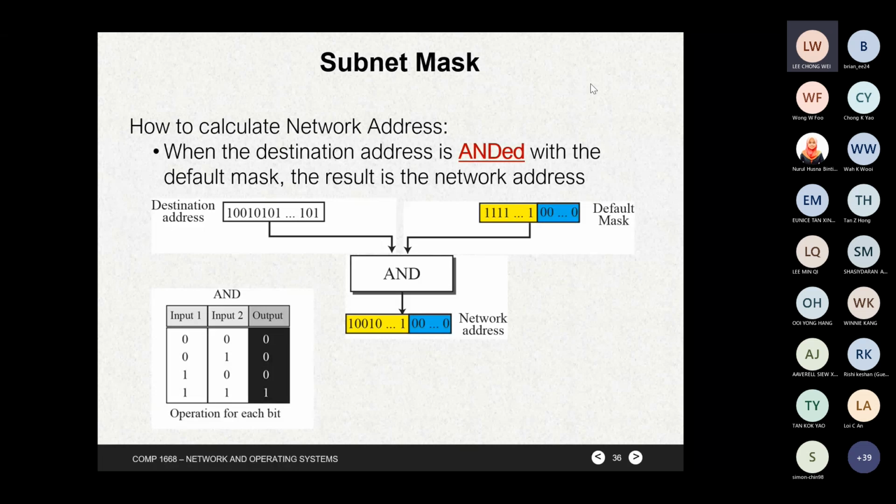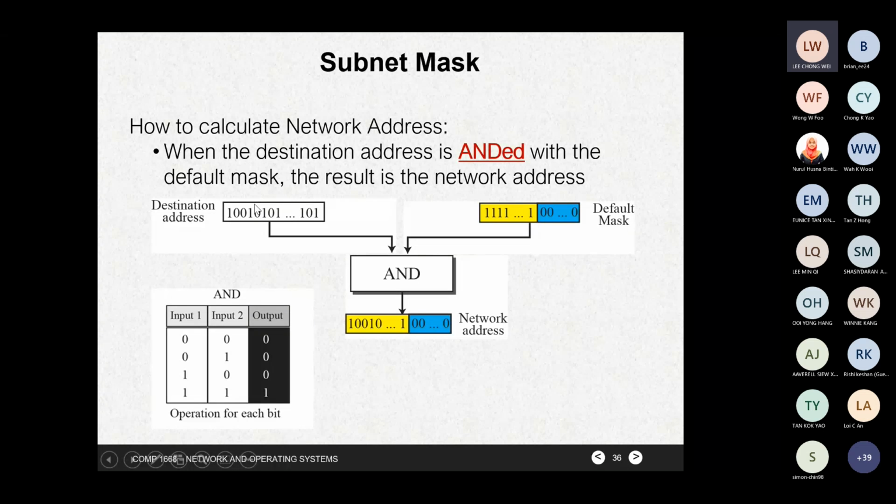There is some logic involved here in the subnet mask calculation. Like I told you, it will take 5 days for you to fully understand how the subnet mask works. For example, this is an AND operation. They will take the destination address and the default subnet mask in order to calculate the network address. That's how it works. It's not a sum.